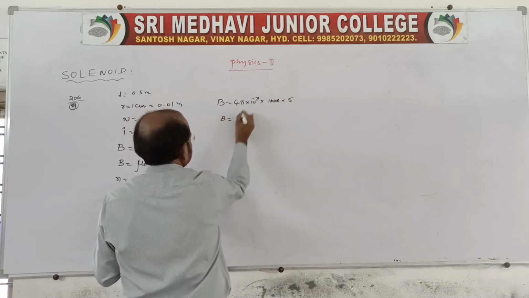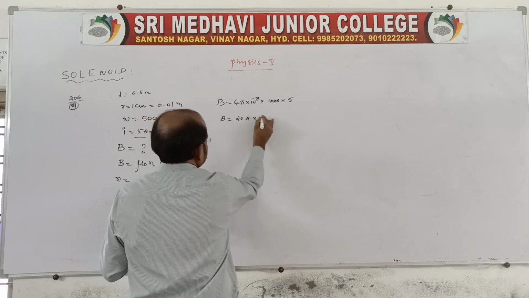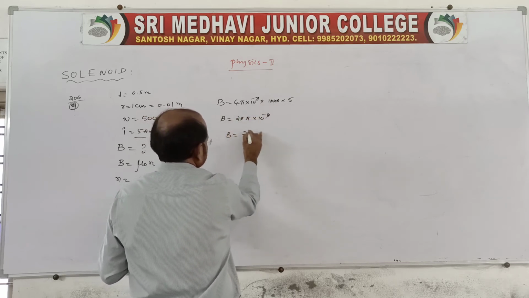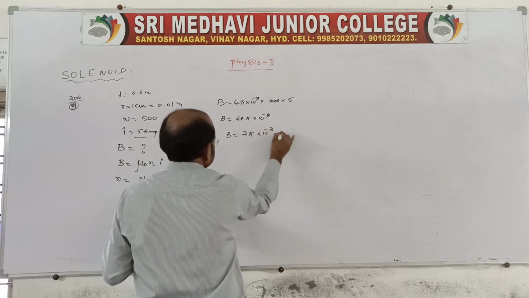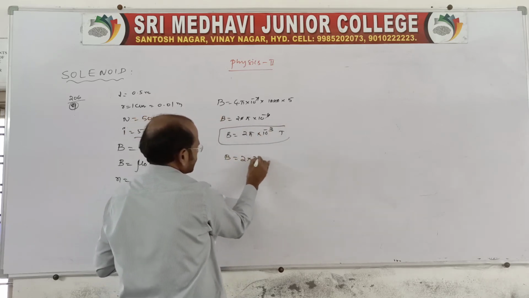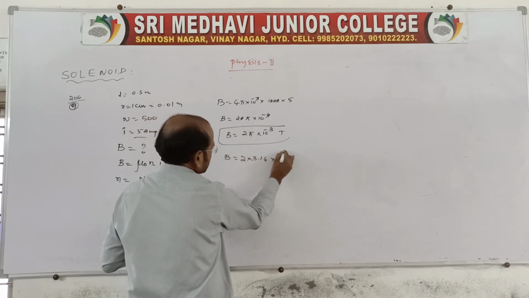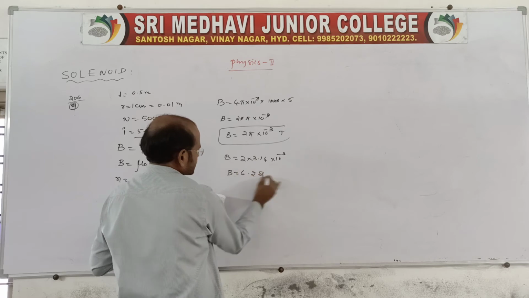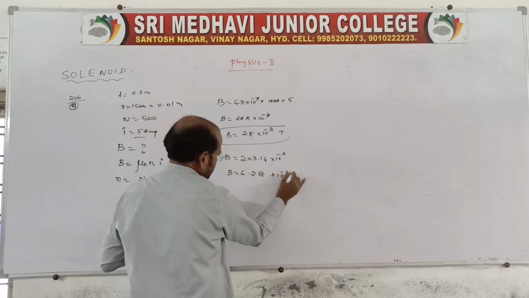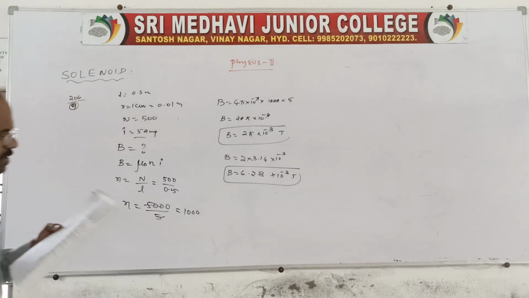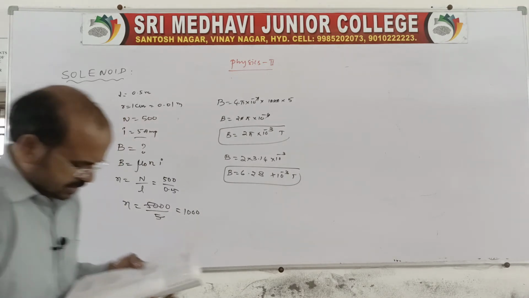B is equal to 20 pi into 10 power minus 4, which is 2 pi into 10 power minus 3 Tesla, or B is equal to 2 into 3.14 into 10 power minus 3, that is 6.28 into 10 power minus 3 Tesla.